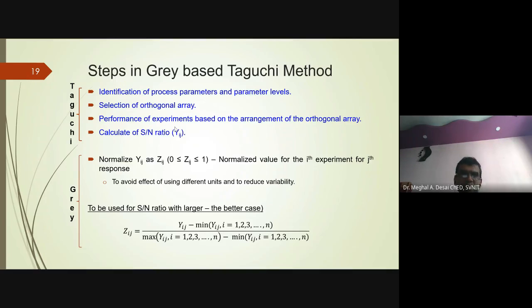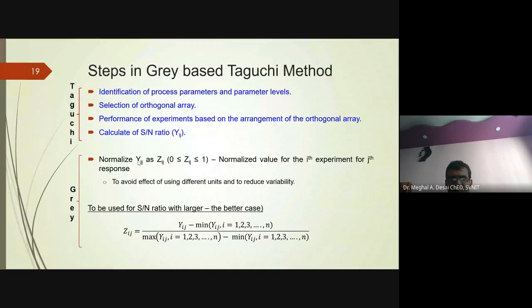To combine the signal to noise ratio and get one value, some pre-treatment is required. The first pre-treatment is normalization. Please remember that signal to noise ratio is represented by capital Y. So the first step is to normalize the signal to noise ratio.